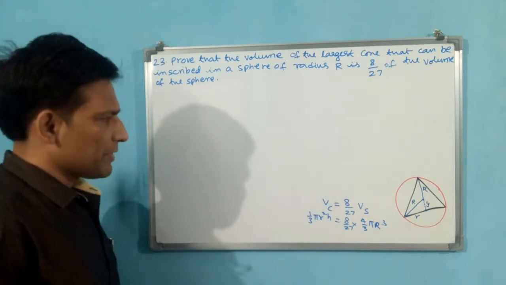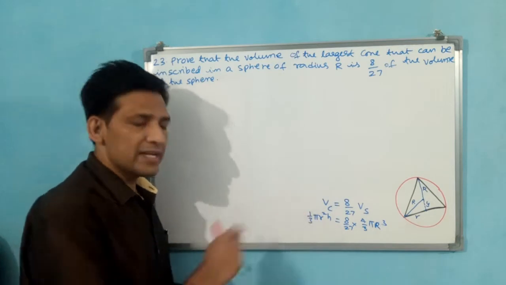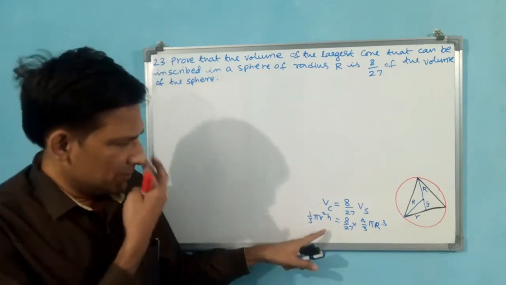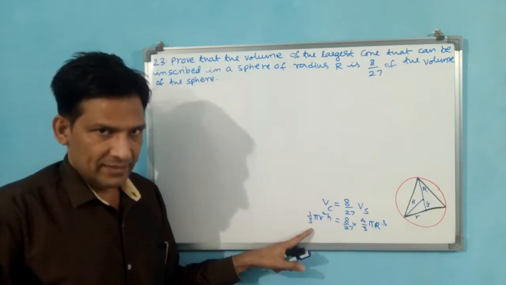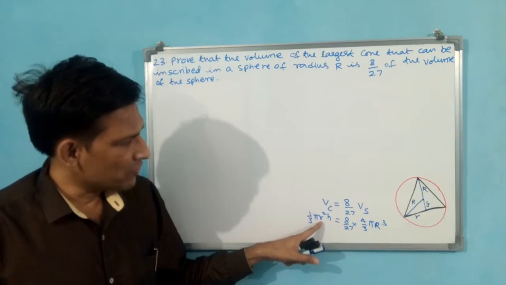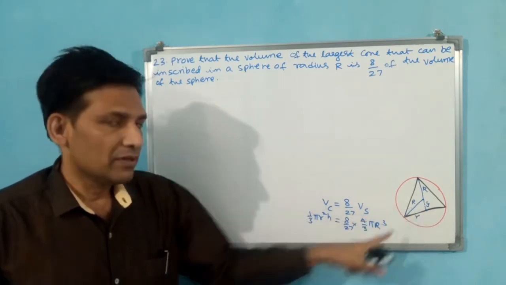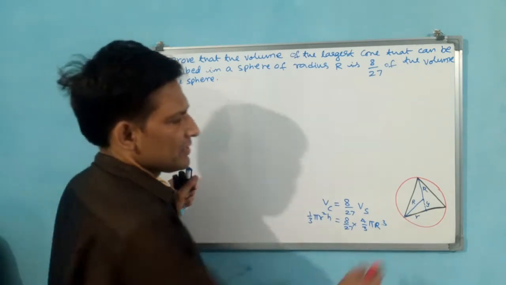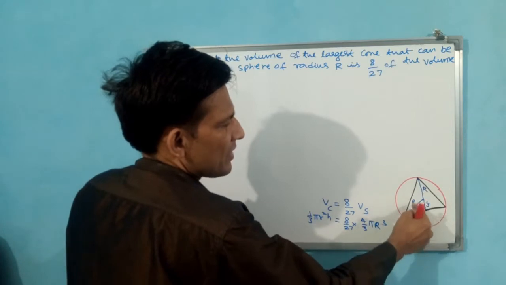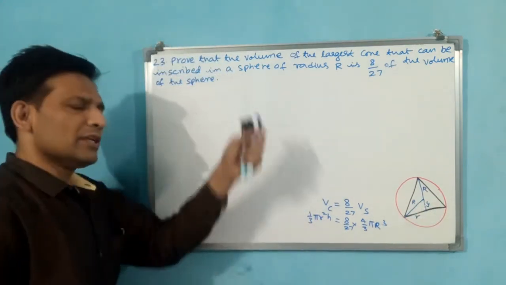Normally with these figures we take the radius as common and differentiate. Here r square and h should both be in terms of capital R, and definitely it will come, because r square you take and h is R plus y, so in terms of R only it is going to come. Then you can proceed further.